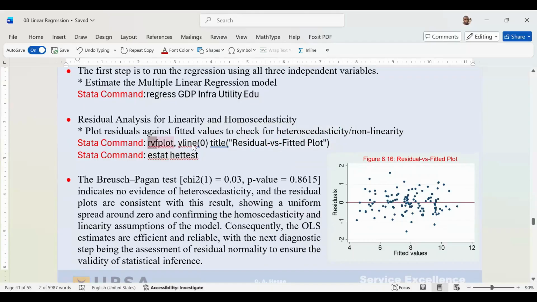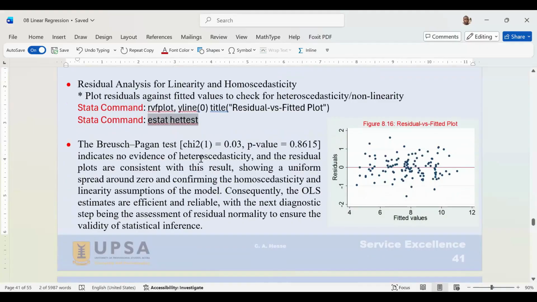This one will do the residual graph, which is this one. The result is here. And this one will perform the Breusch-Pagan test for you. And the Breusch-Pagan test gives us a p-value bigger than 0.05, which implies the validation of what?